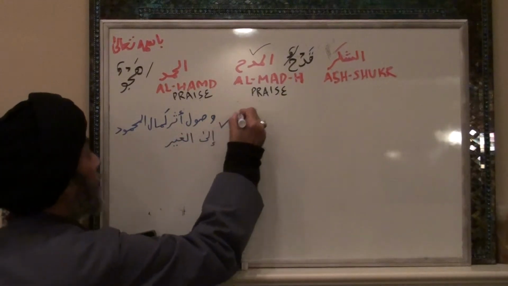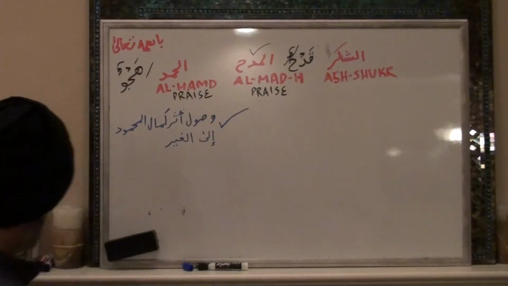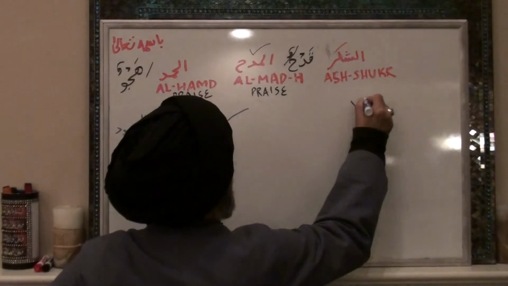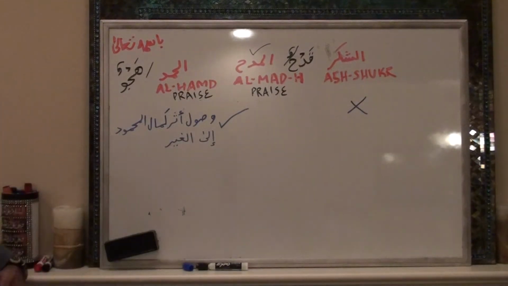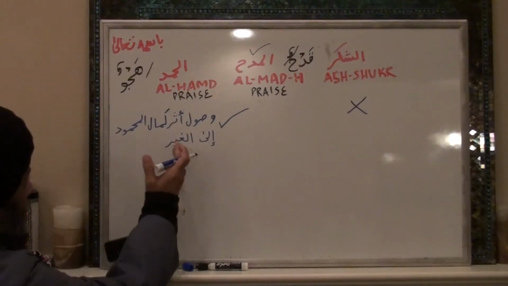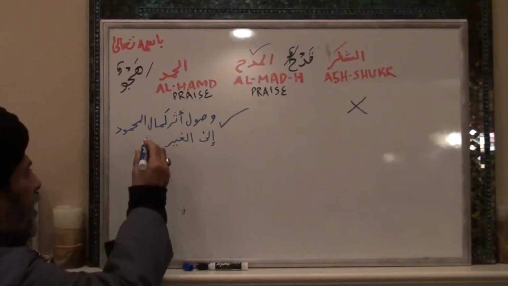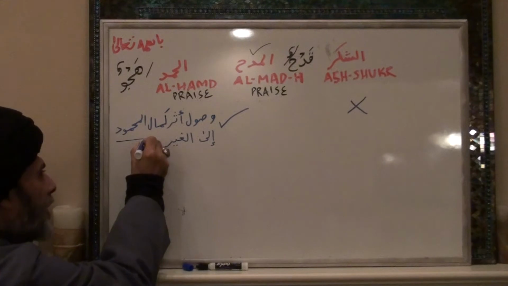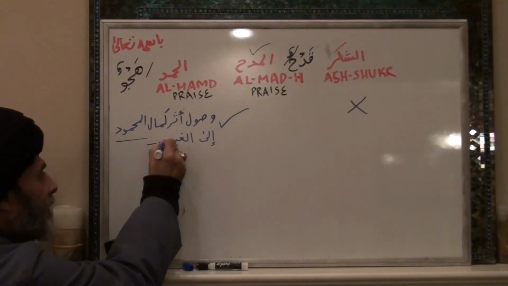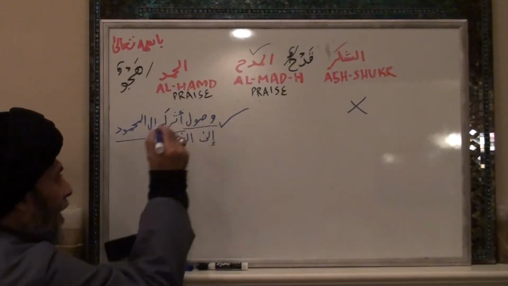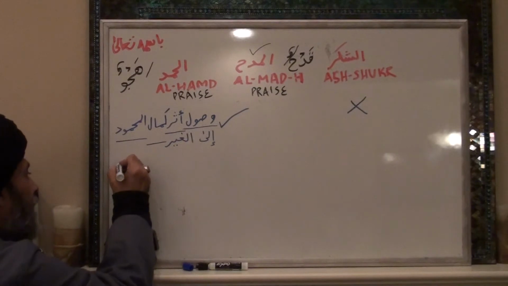This thing is compulsory in the concept of hamd, whereas this thing is not compulsory in the concept of shukr. What is the meaning of this? وصول أصل كمال المحمود إلى الغير. Mahmud is the person who is the praised one, the one whom you are praising. Kamal means the perfection. Athar means the impact. Wusul means reaching. Let me now write the translation.